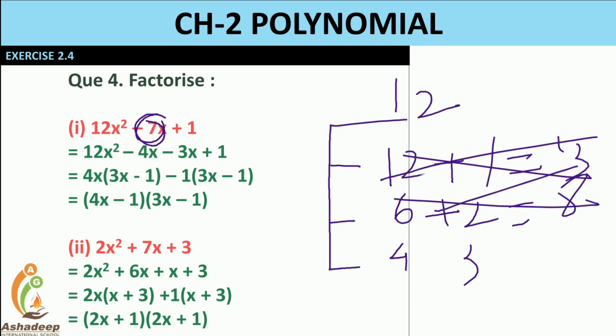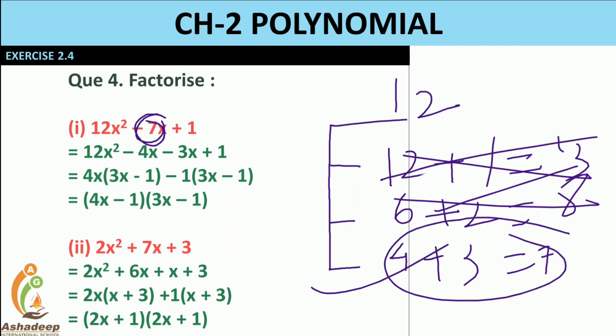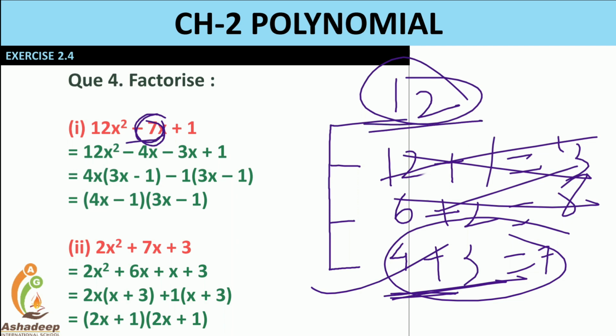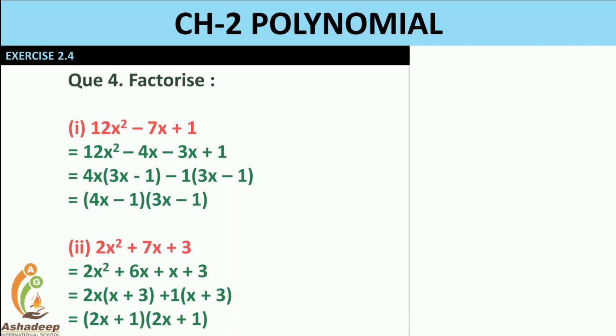Is it possible? No. 4 plus 3 is equal to 7. Is it possible? Yes. So we are going to take the 4 and 3, because 4 threes are 12. See, listen. 4 threes are 12. Multiplication is 12 and addition is 7. So we are going to take 4 and 3.